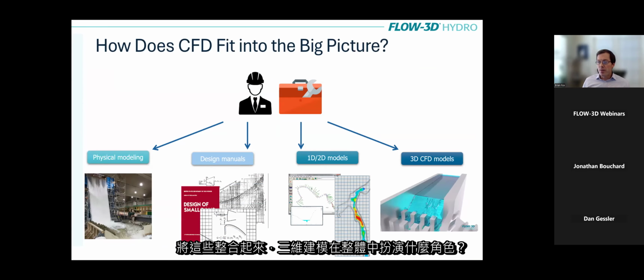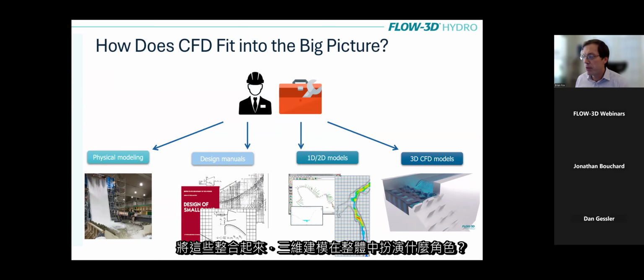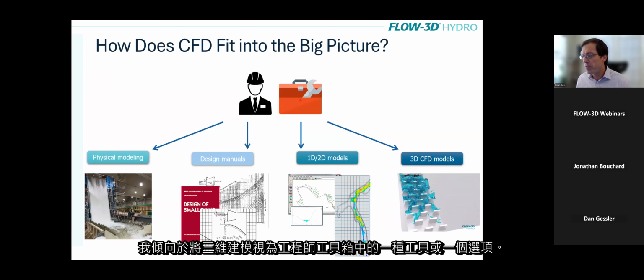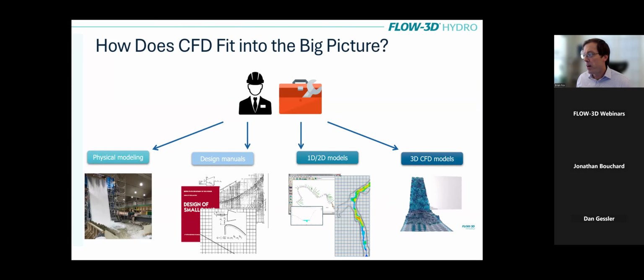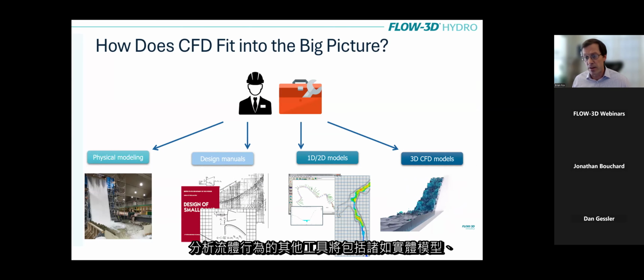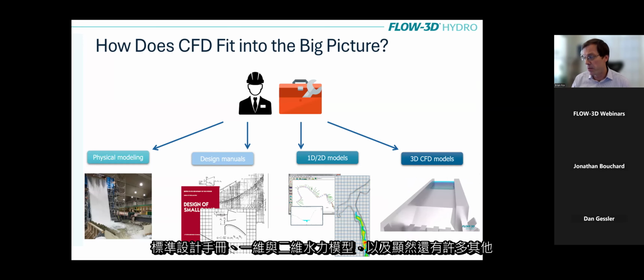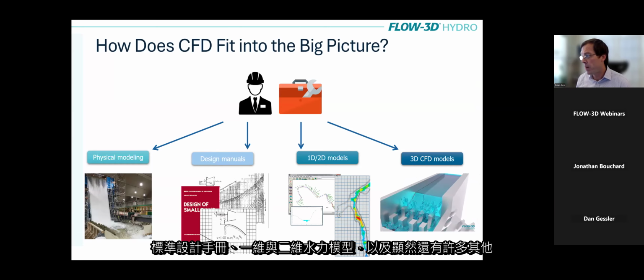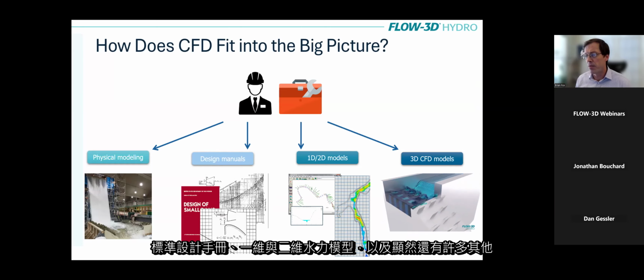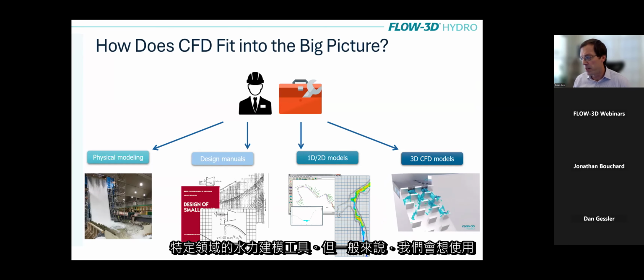So kind of bringing this all together, how does 3D modeling fit within the big picture? I really like to think about 3D modeling as one tool or one option within the engineer's toolbox. Other tools to analyze fluid behavior are going to be things like physical models, standard design manuals, 1D and 2D hydraulic models, and there's also obviously a number of other domain-specific hydraulic modeling tools out there.